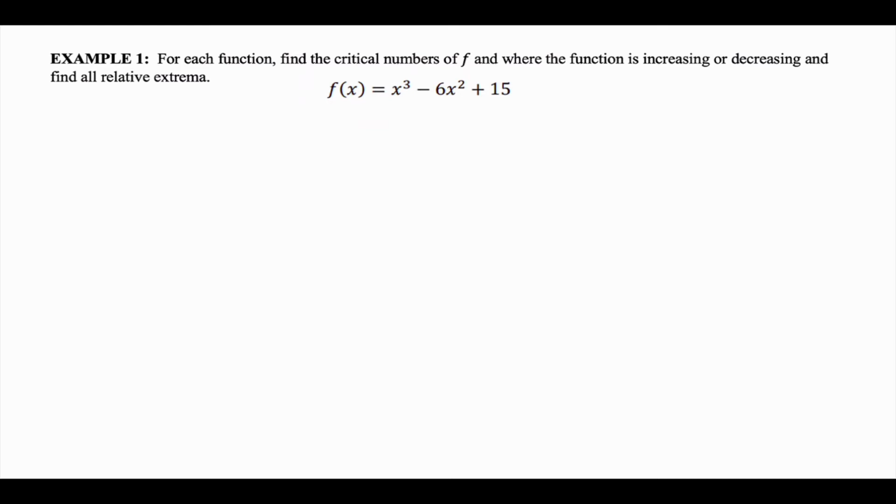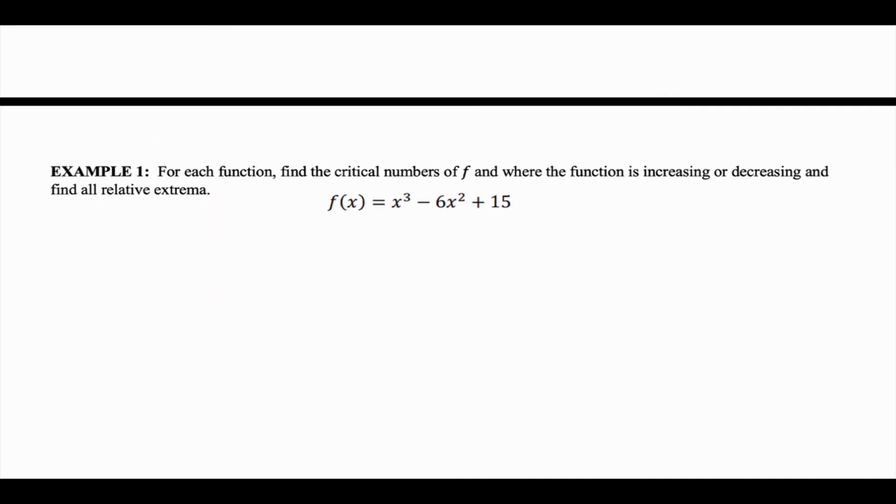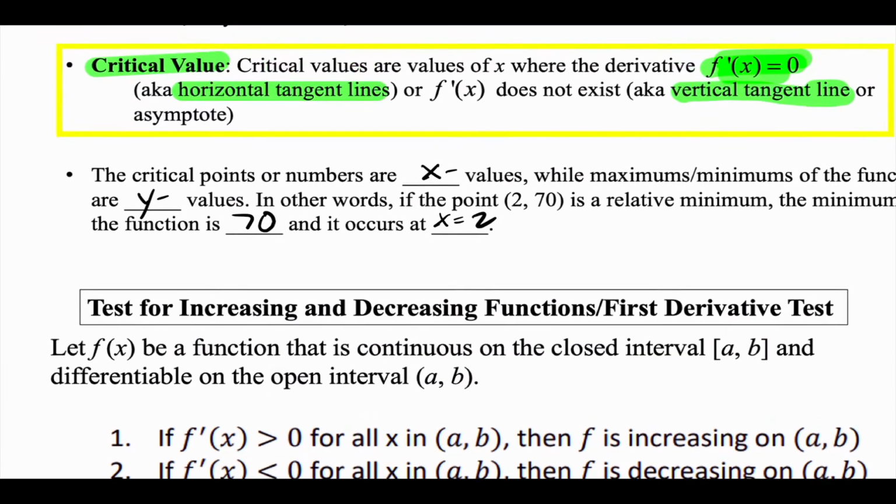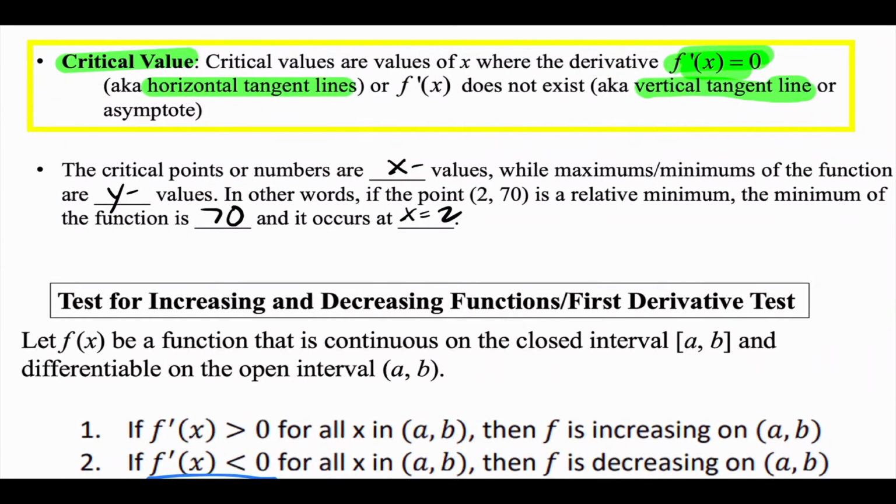So how do we find critical values? Go back and look. What were the directions? It's the stuff I told you. If there's one thing you take away from today, that's the thing.